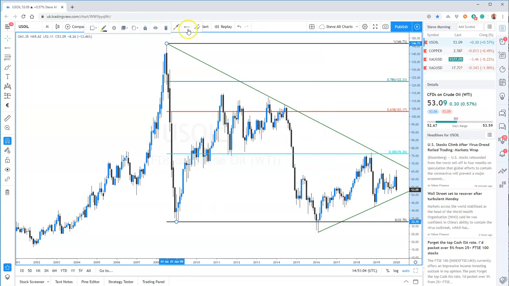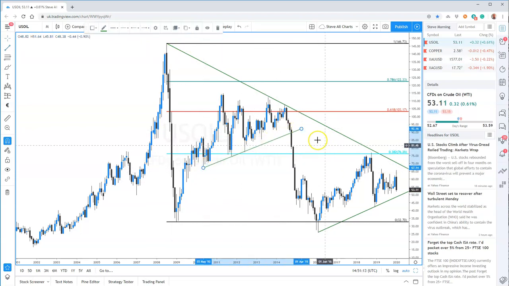With these longer term charts, we can also draw trend lines, support lines and resistance lines. Horizontal trend lines are very key, as well as the trending support and resistance lines.